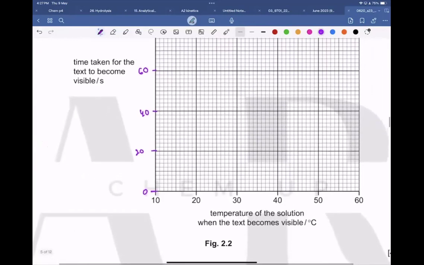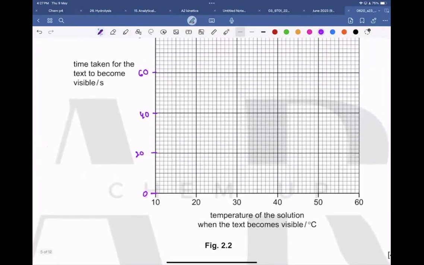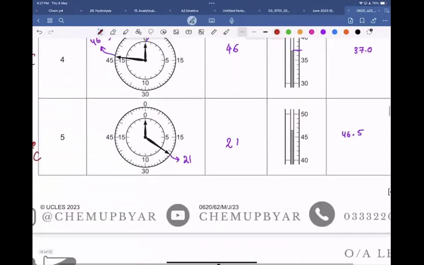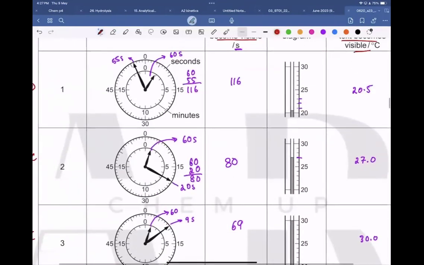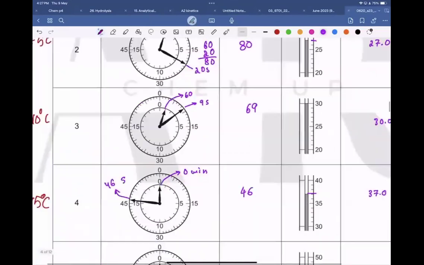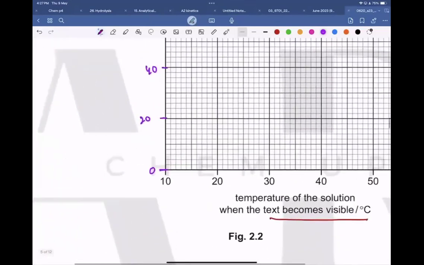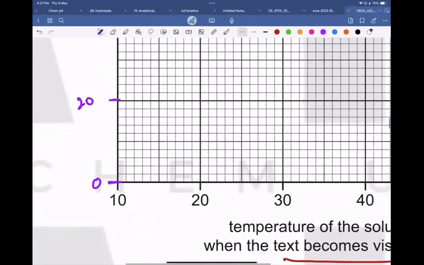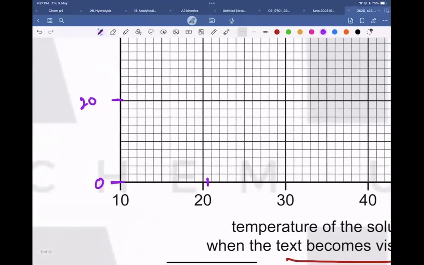Okay. So temperature of the solution when text becomes visible. So the first reading is at 20.5 degrees Celsius and the time is 116. So 20.5 means it is going to be over here, because if you see one small box represents 1 unit.